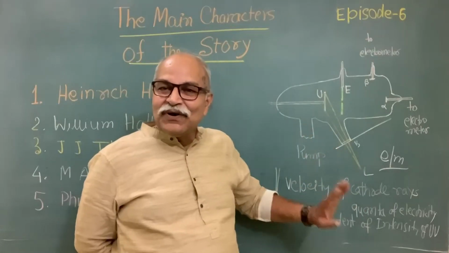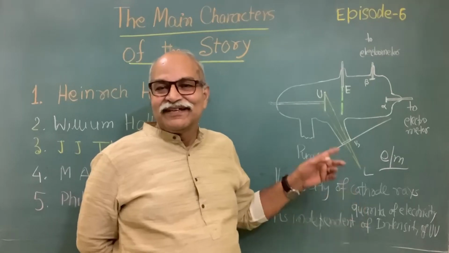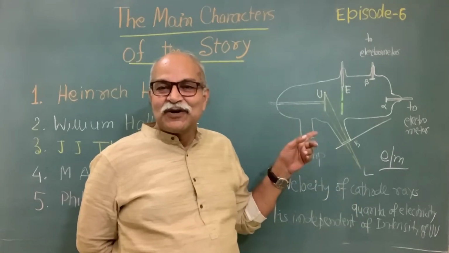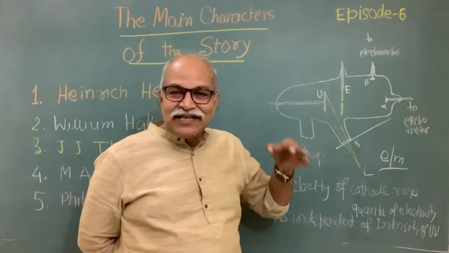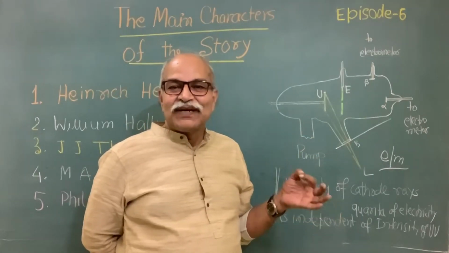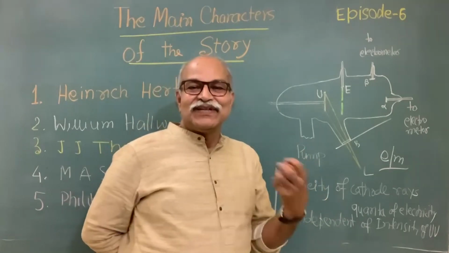So since for all intensities, the quanta are coming out with the same velocity, this tells me that the quanta are coming out not by taking the energy of the light.